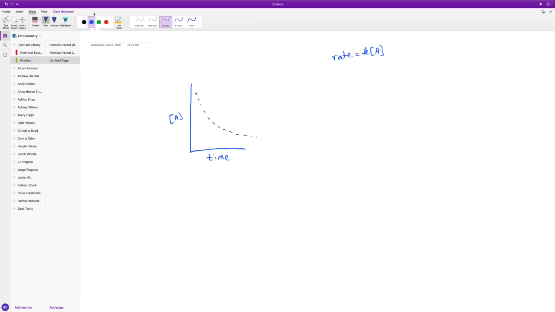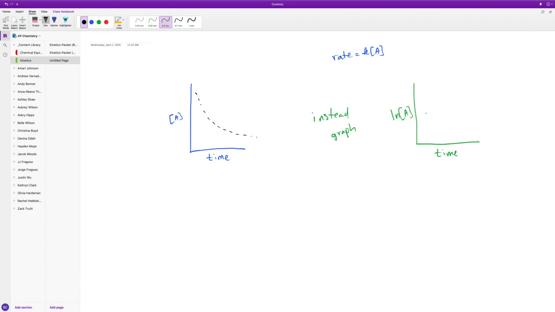However, if you go and instead of graphing the actual concentration, you instead graph the natural logarithm of A along the y-axis versus time, interestingly, you get a line.